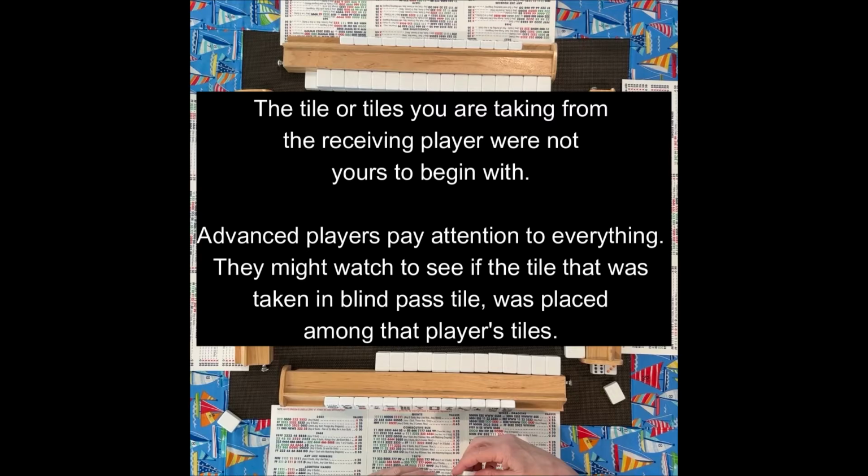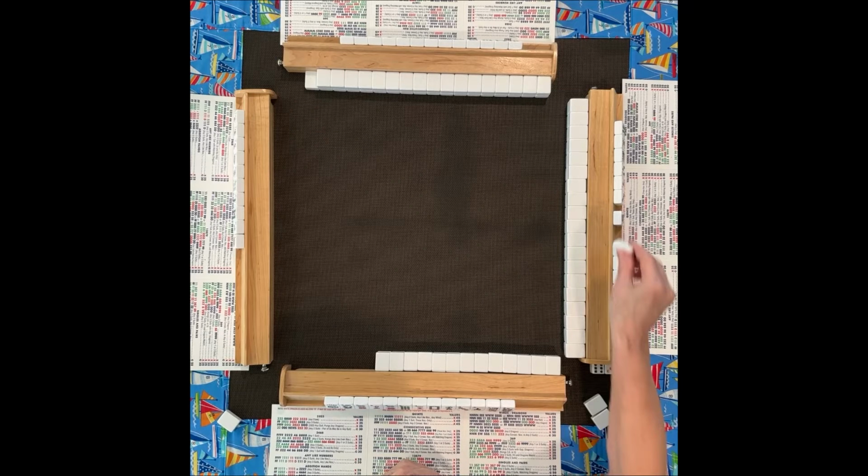And let's just say you looked at them and you place them down with the tile you looked at in the middle, and the receiving player picked up that middle tile and placed it amongst their tiles. It would be very telling. It would more than likely mean that they are using a 7 dot.